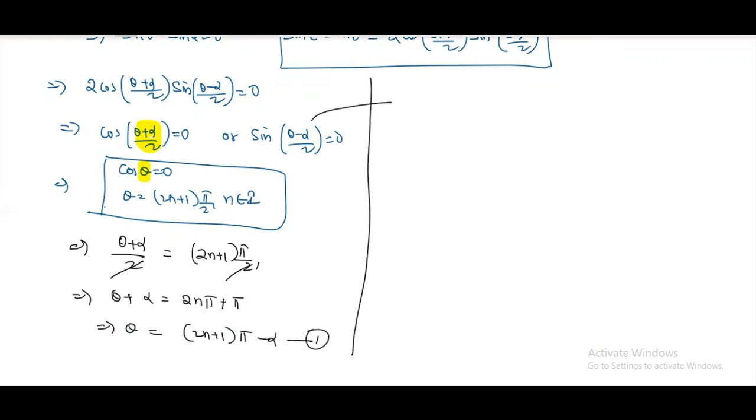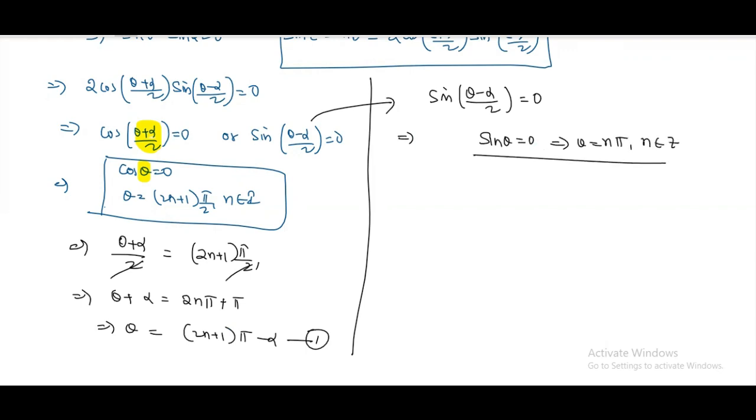Another one: we have sin of (theta minus alpha) by 2 is equal to 0. Just now we learned sin theta is equal to 0 means theta is equal to n pi, where n belongs to z or I, we can say integers. According to this, we can apply (theta minus alpha) by 2 is equal to n pi.